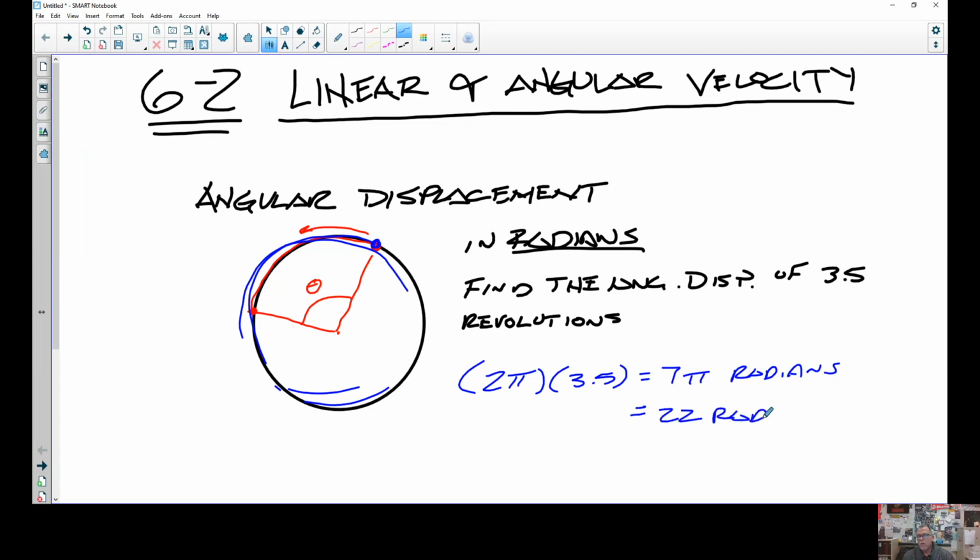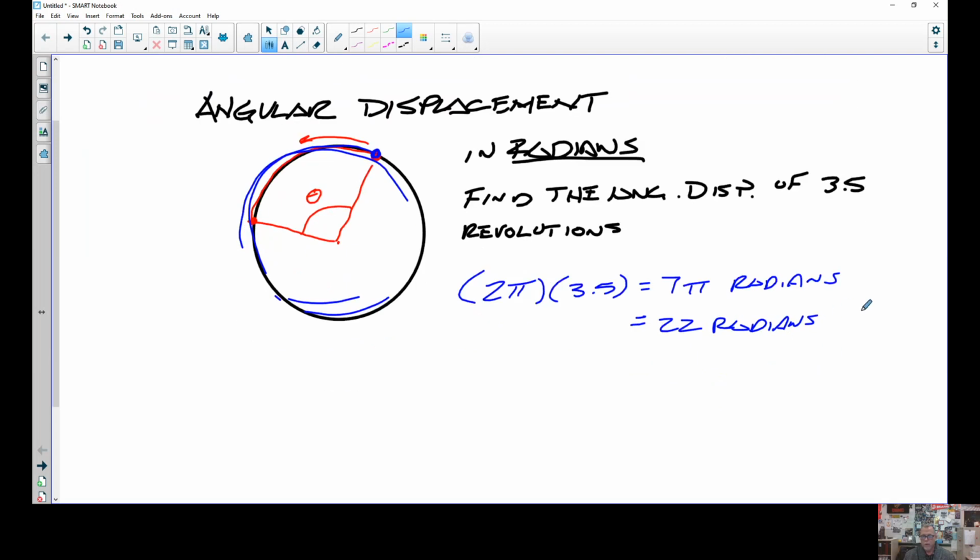It's not unusual: if you see 22 and there's not a degree symbol, we assume it's radians. If theta is 22, that's considered radians. You could technically see any angle given to you that doesn't have a degree sign, you've got to assume it's radians, and we'll talk about that more as we go through.